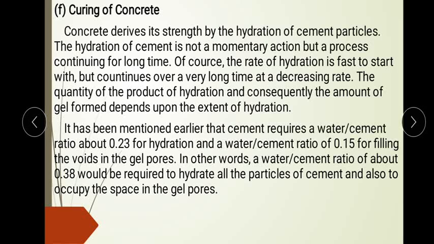Especially about 0.23 for hydration of the water cement ratio, and 0.15 for filling of voids for gels. In other words, a water cement ratio of about 0.38. That water cement ratio is also completely based upon the hydration as well as the heat of hydration.